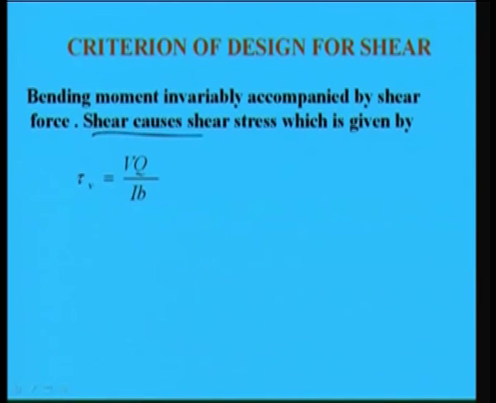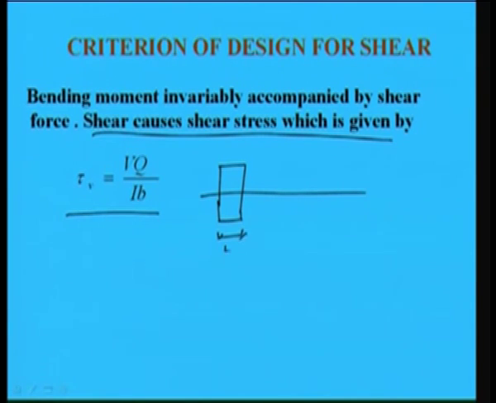In case of shear, we know that the shear stress developed in the section can be found out by this formula, that is tau v is equal to VQ by Ib. How does it develop? Suppose we have a rectangular section, right, with say width as B and this is D, then we can find out the shear stress that will develop parabolically like this.